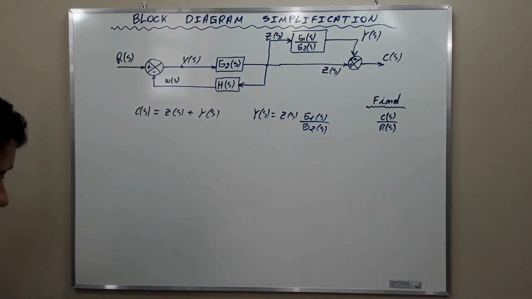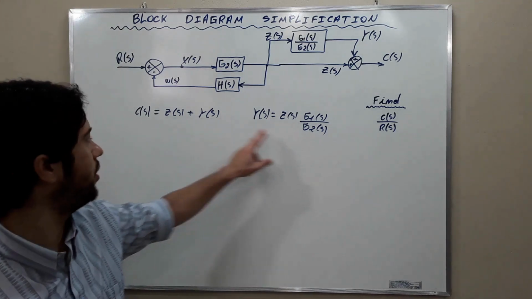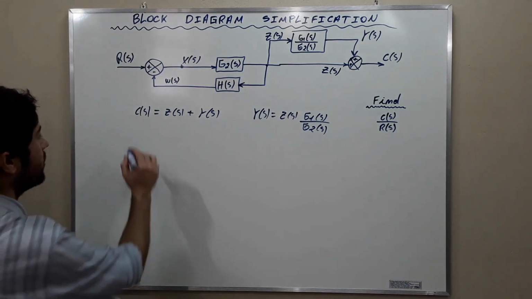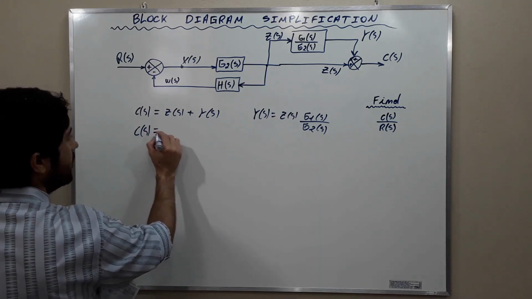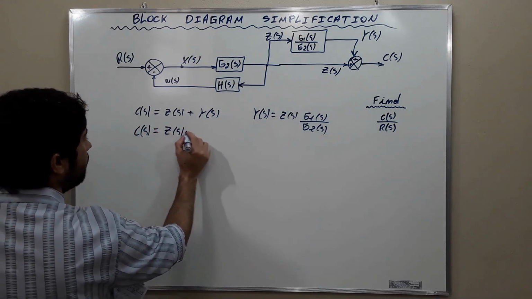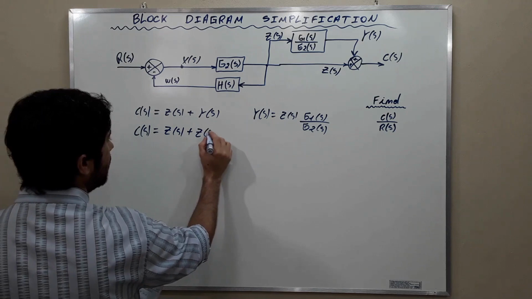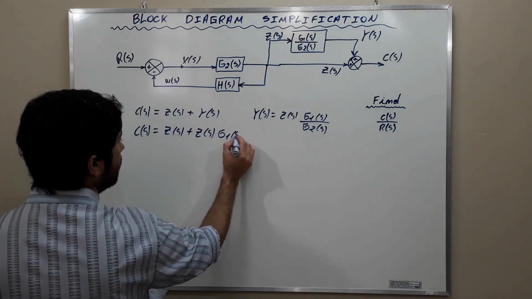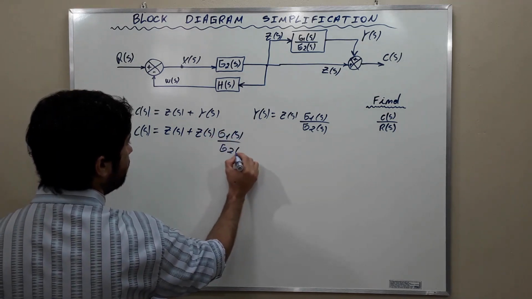We are going to use this here, and we get that C of s is equal to z of s plus z of s times g1 of s over g2 of s.